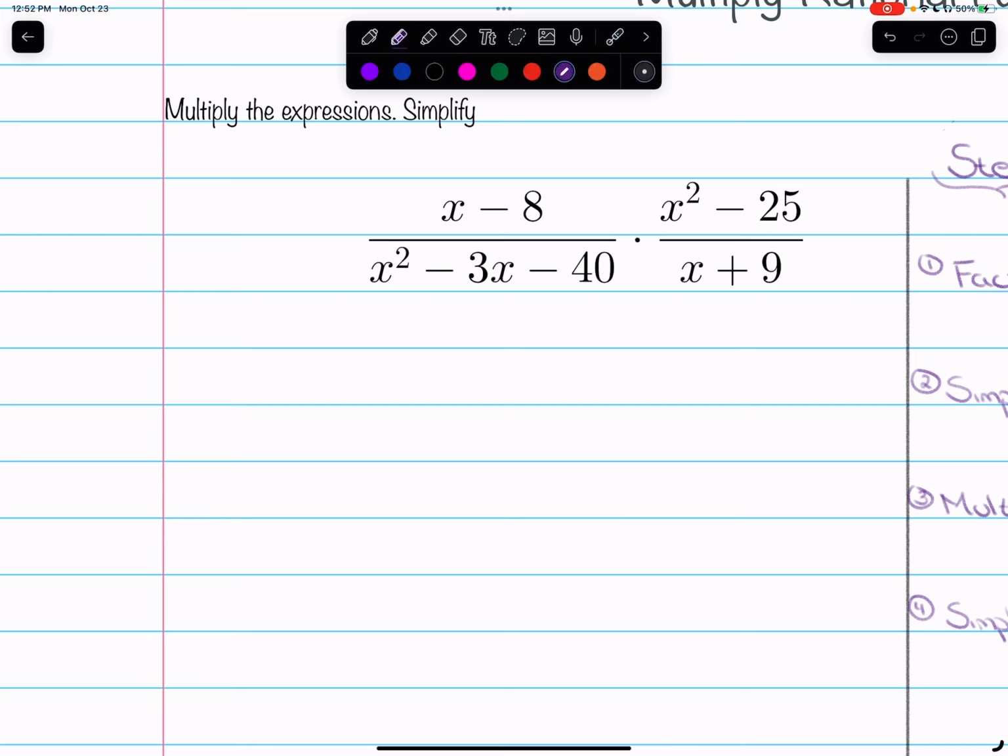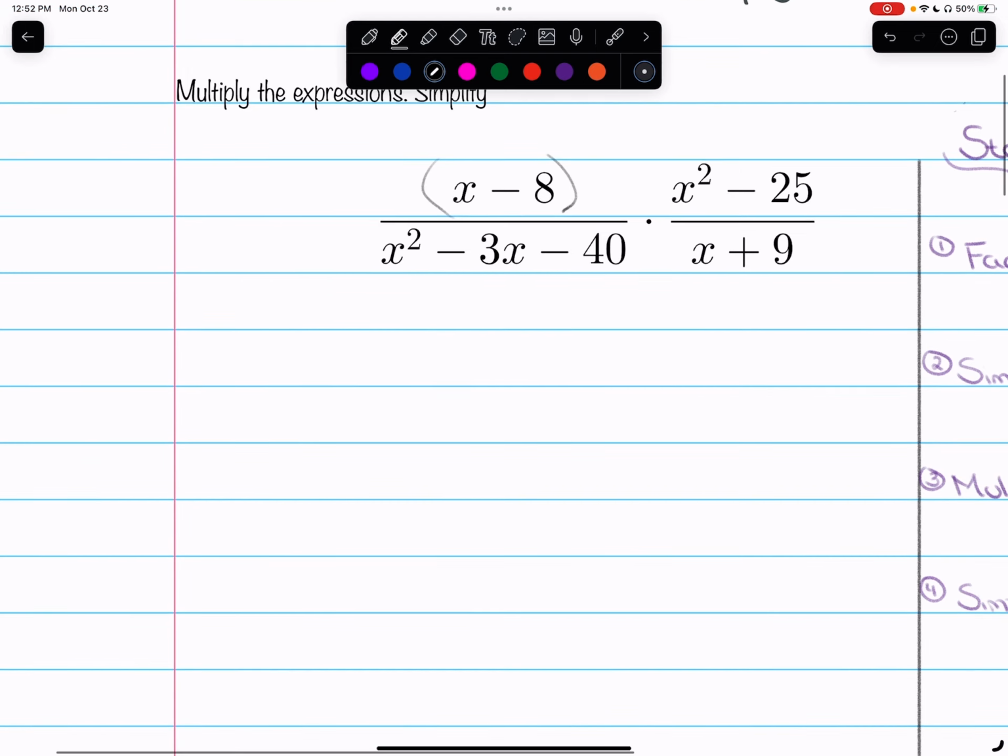So let's first take this x minus 8, okay? There's nothing to factor there, so I'm going to leave it alone. I'm just going to rewrite x minus 8, okay? For the denominator, when we have this leading coefficient of 1, we can kind of factor it in our heads a little bit. We don't have to go to the box method or anything like that. We just need two numbers that multiply to equal -40, and add to equal -3.